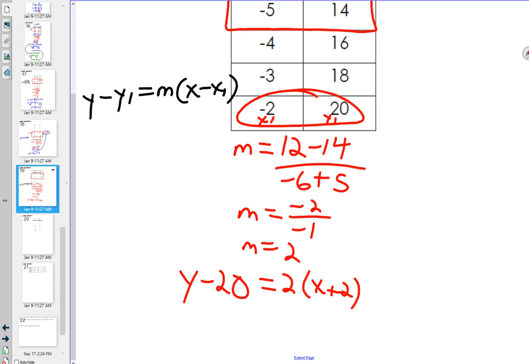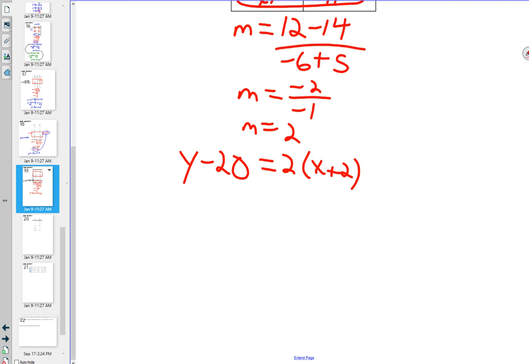Oh, you did for real? Because it would have been a nice example for you to see also that you still did the same thing. This is point slope. If something asks you for point slope, you'd be done. You don't have to do anything else. But we want slope intercept, so we distribute and then plus 20.